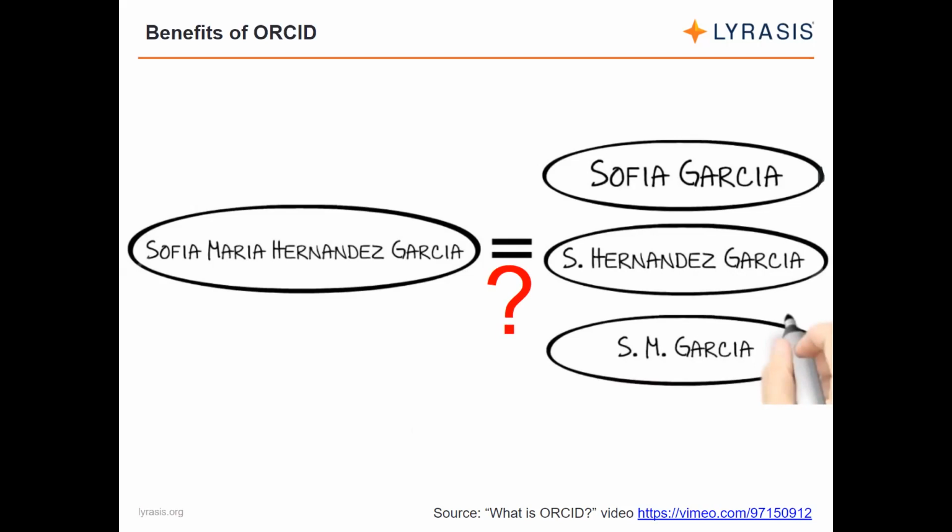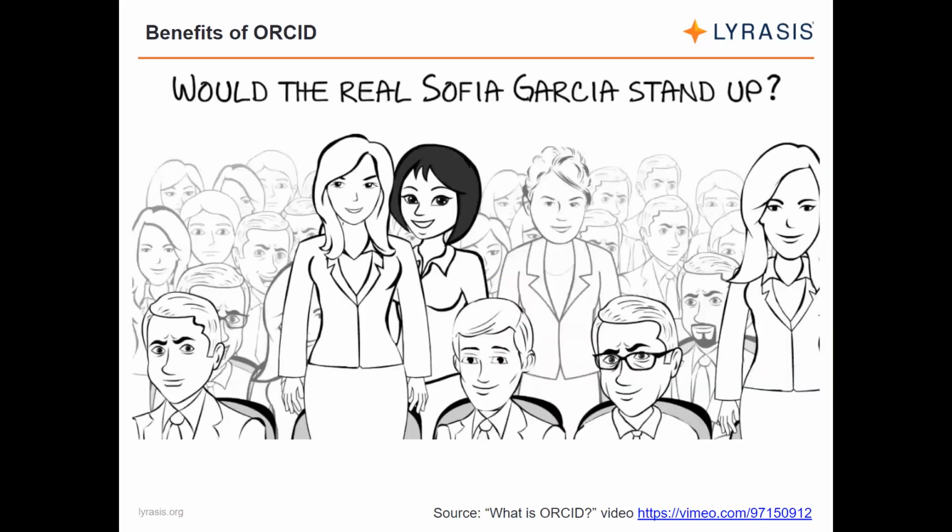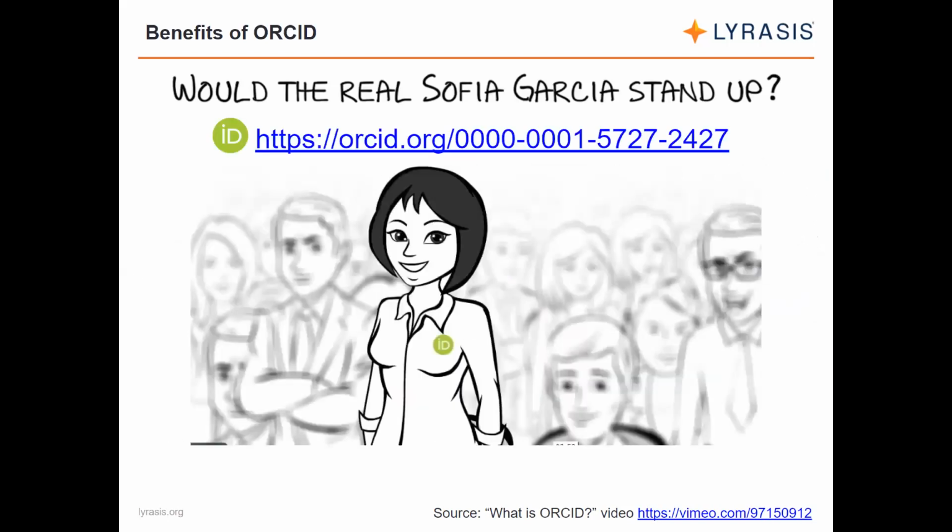We just have no way of knowing when we're only looking at the name. And if we're looking for an author named Sofia Garcia, there could be multiple people who identify with that name. But with ORCID, because Sofia's ORCID ID is unique, we can better distinguish her and her works and activities from other individuals. So ORCID really helps to streamline your online digital identity in the research landscape.